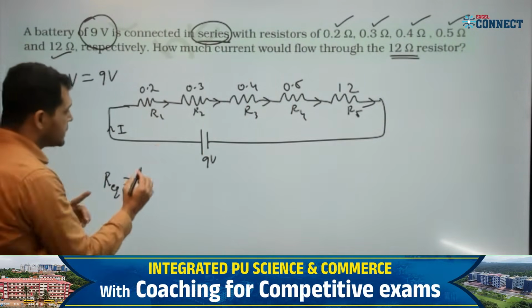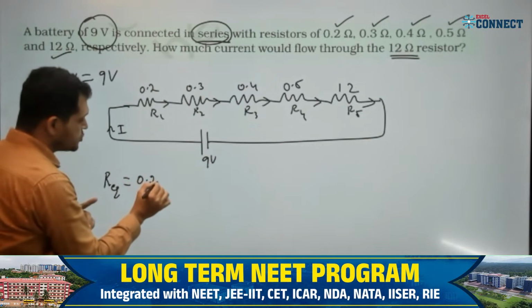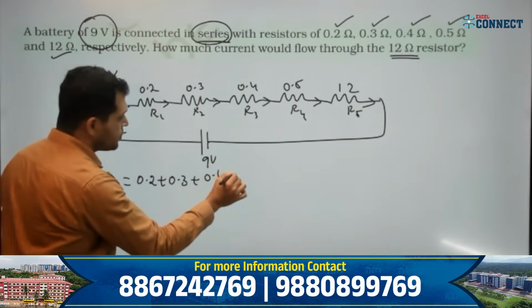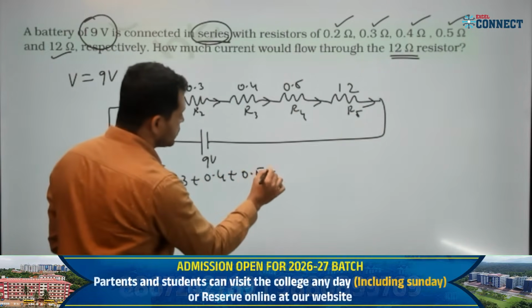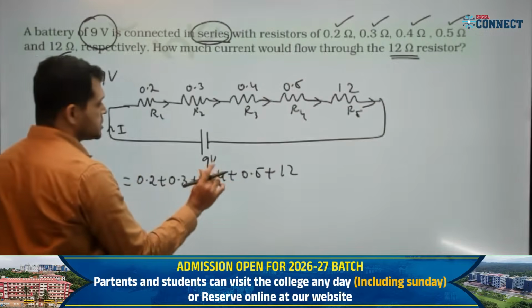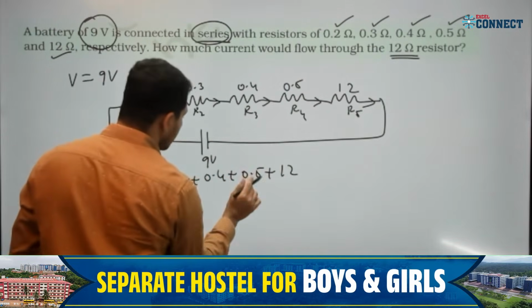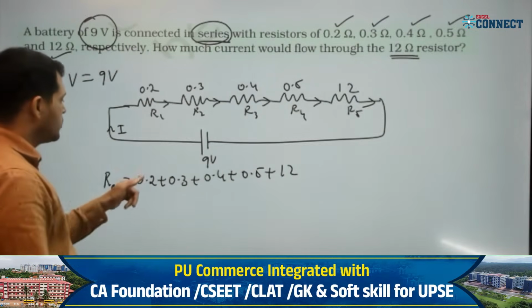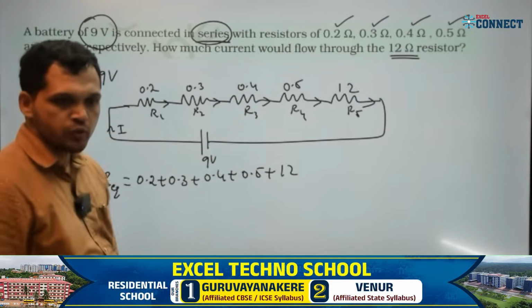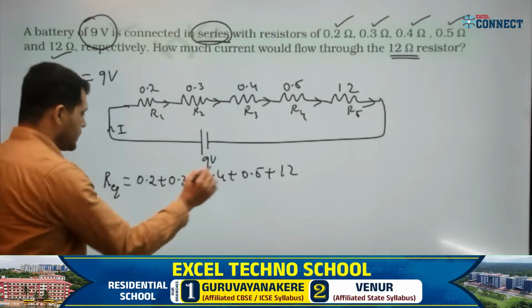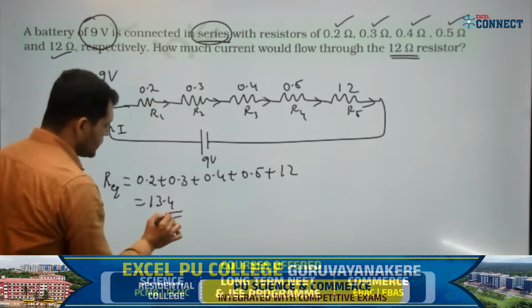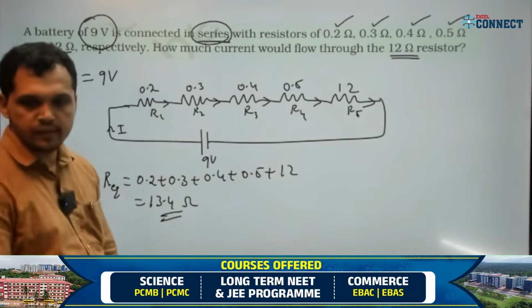Now I will add directly 0.2 plus 0.3 plus 0.4 plus 0.5 plus 12. Total how much? Tell me first. 5, 9, 12, 14, 13.4. Is it 13.4, right?